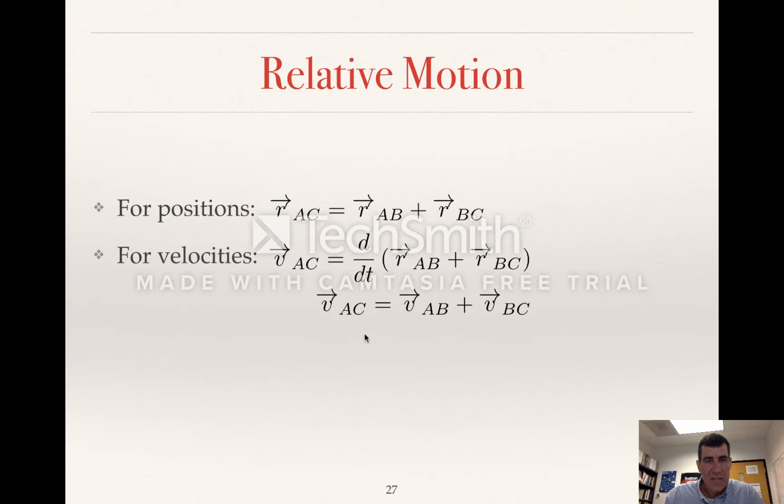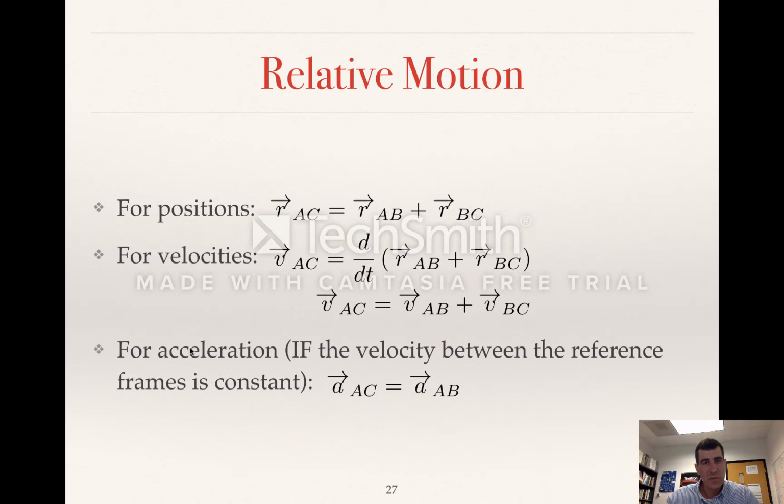So the velocity of object A with respect to frame of reference C is going to be the velocity of object A with respect to frame of reference B plus the velocity of object B with respect to frame of reference C.